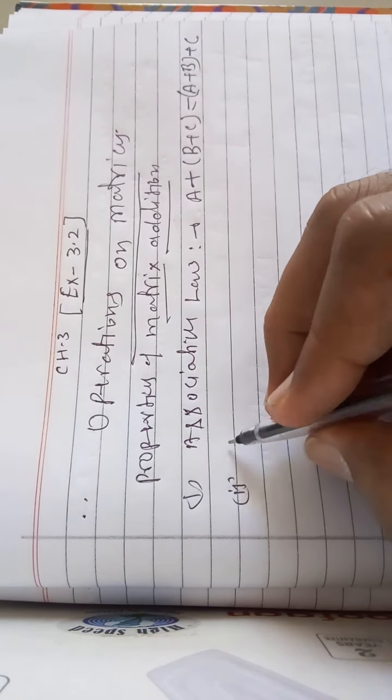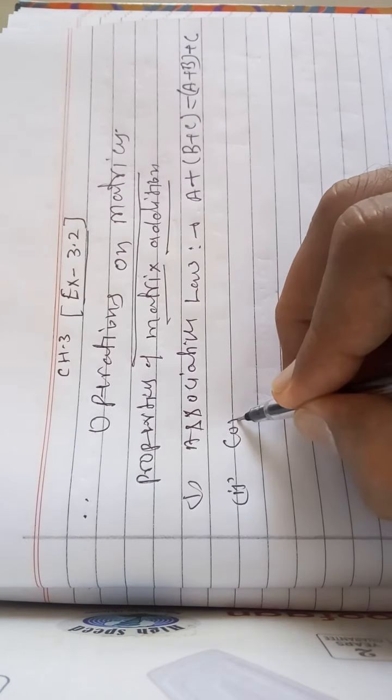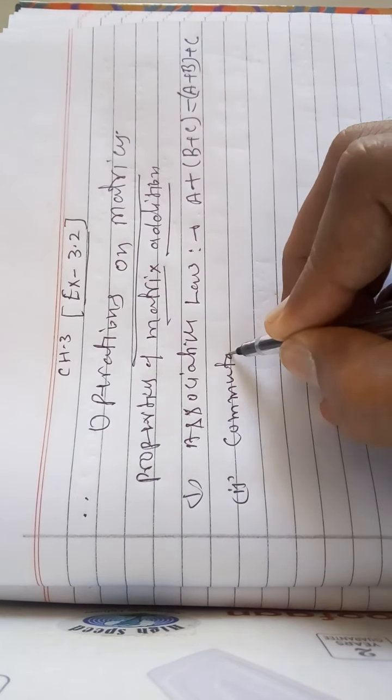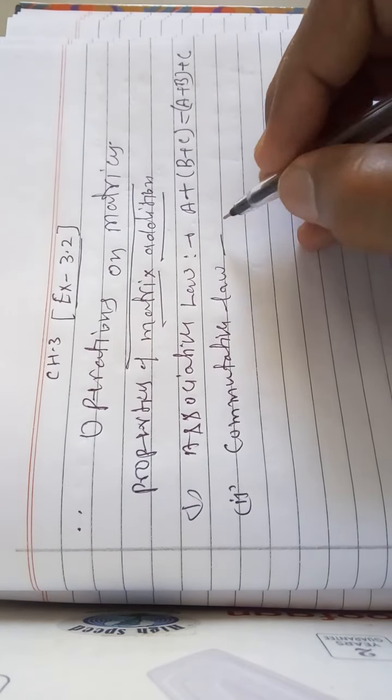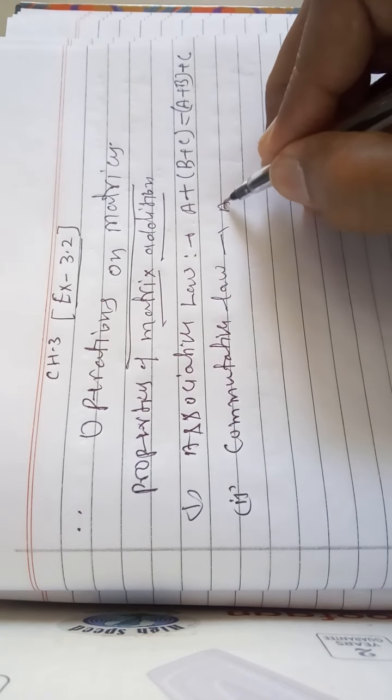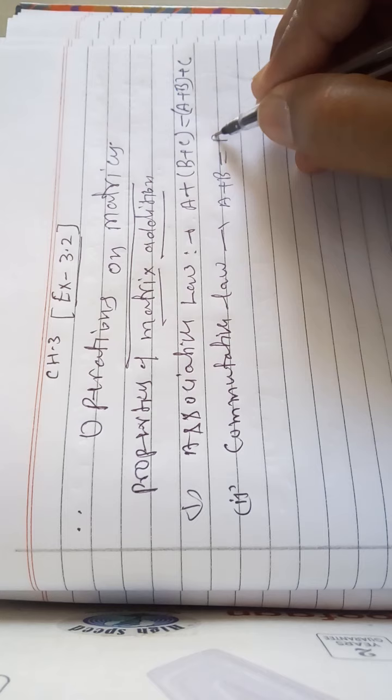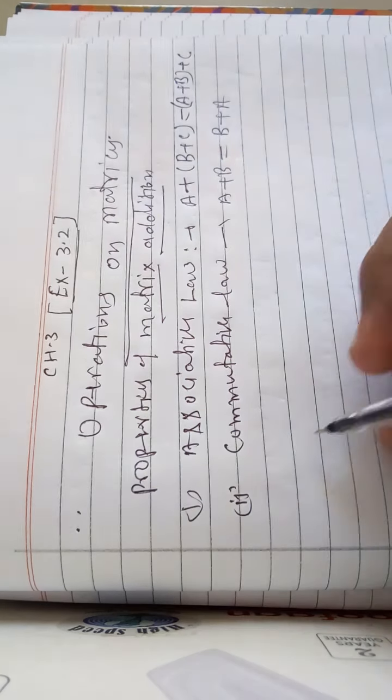Second property, the commutative property, which means law. A plus B equal to B plus A is verified.